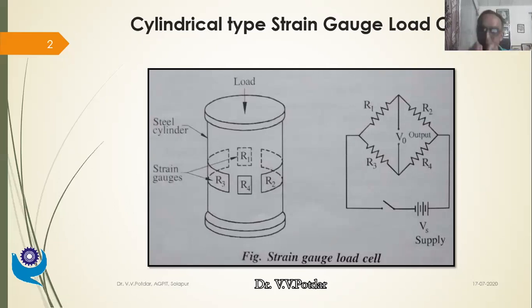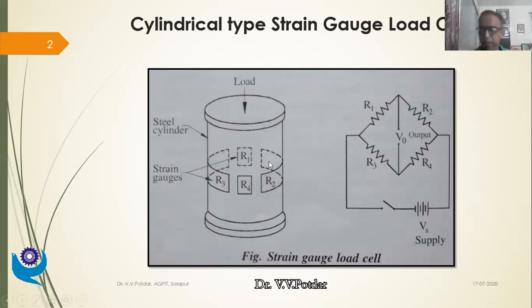I can have one single column, or 4 columns at the 4 faces of that plate. The steel plate you see, and the digital indicator which indicates the weight or force. Beneath the platform there are 4 cylindrical pillars like this.